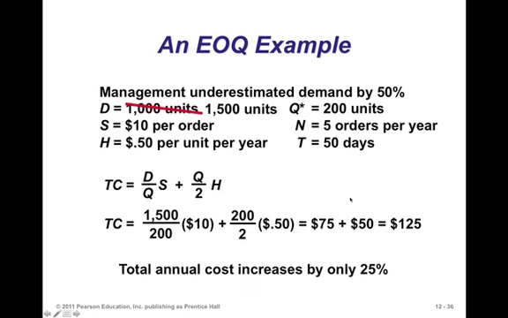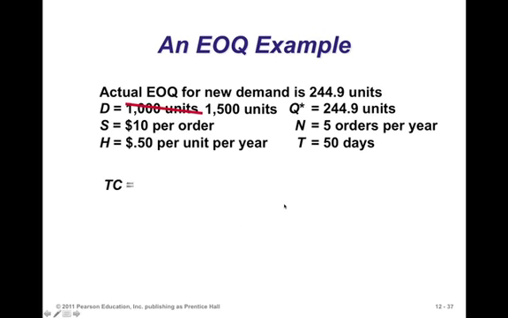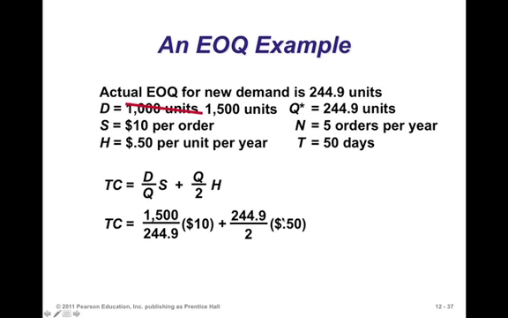This is just another example that showed that if we were to change the total demand, then with the same order quantity, the total annual cost increases by 25%, to 125. But what we could do is we could actually change the quantity to 250 units for the same annual demand and find that the cost does not change significantly at all.